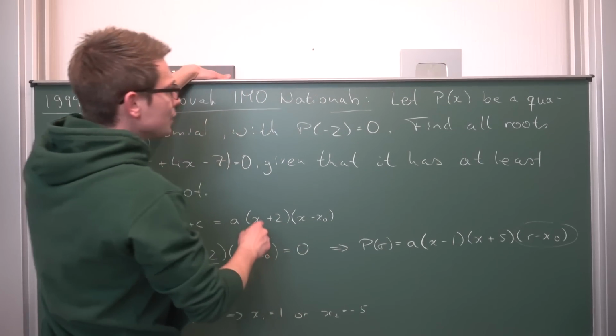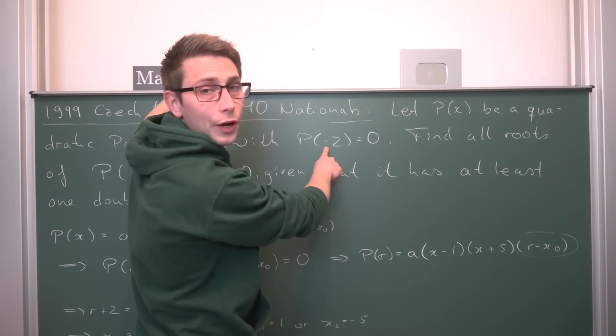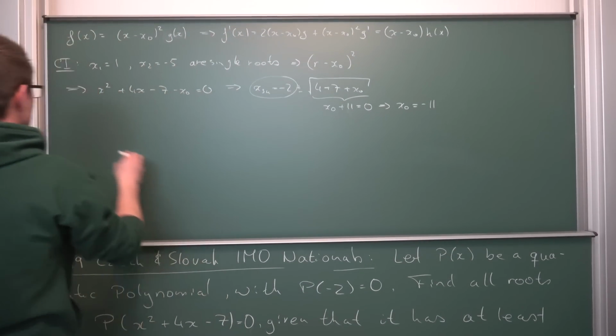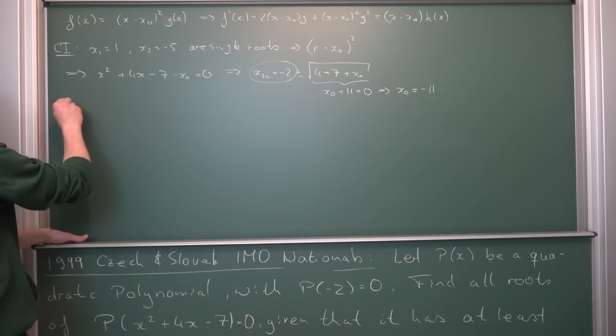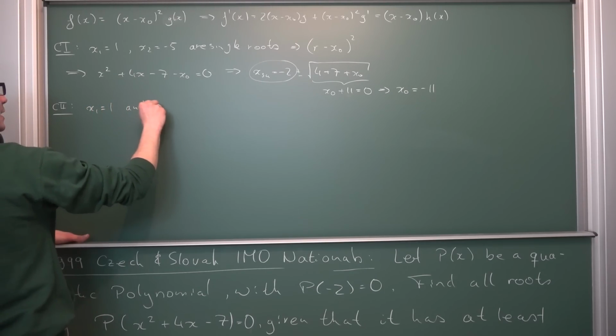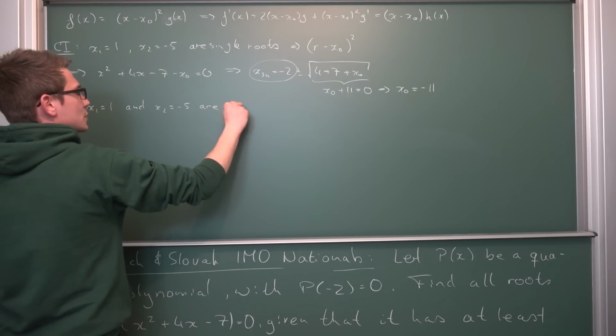Meaning, on our original quadratic polynomial, we have p of negative 2, or negative 2 being a double root in general too. So case 2: x1 is equal to 1 and x2 is equal to negative 5 are double roots.